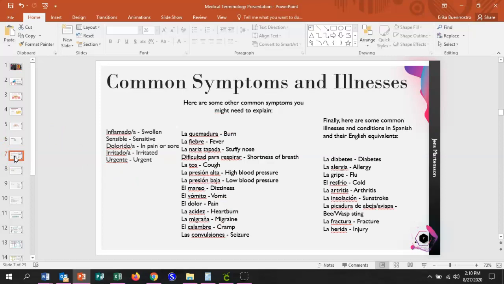Common symptoms and illnesses that you'll probably hear if you work especially in the medical field. Here are some other common symptoms you may run into or have to explain. So for example, swollen is inflamado, sensitive is sensible, in pain or sore, dolorido, dolorida if it's feminine, irritated, irritado, urgent, urgente, burn is quemadura, fever, fiebre, stuffy nose, nariz tapada, shortness of breath is dificultad para respirar, or in this area you may also hear no puedo respirar.